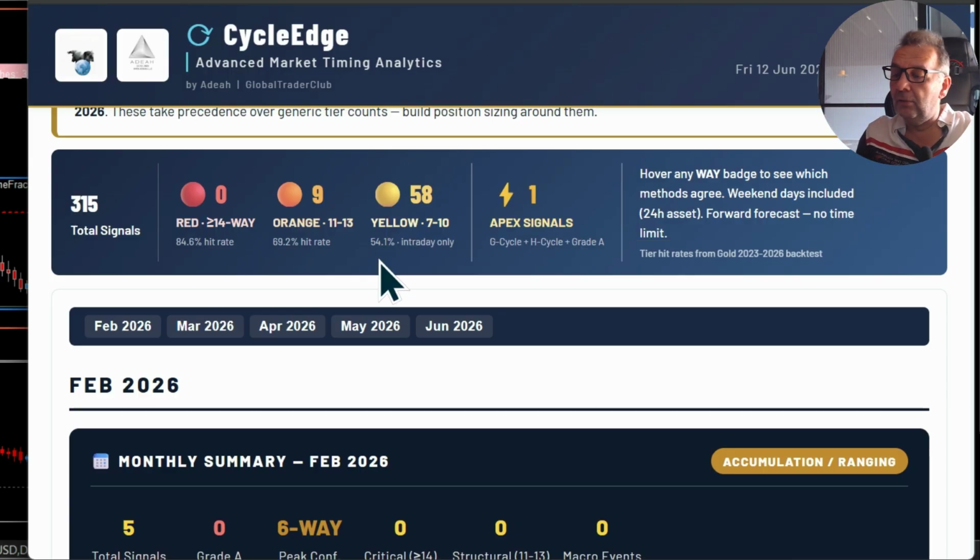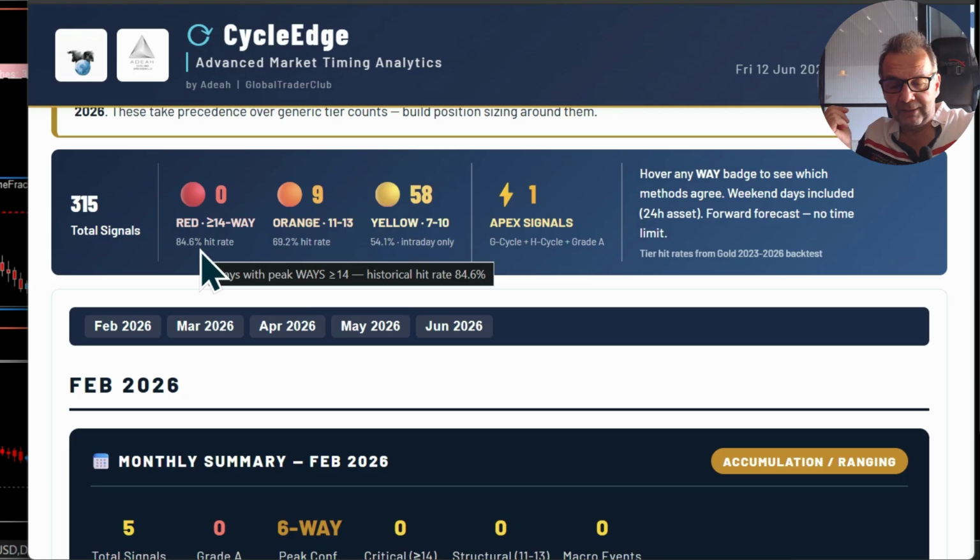But if you take a look at what's underneath, you'll see there's a 54.1% hit rate. So obviously I'm not going to be trading on a time that is really pathetic and ridiculous. We want to have some stats and data behind us. So as you can see, 54%, 69 and 84% hit rates as and when they occur.